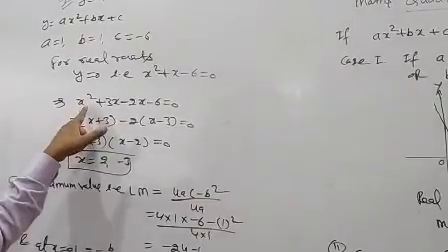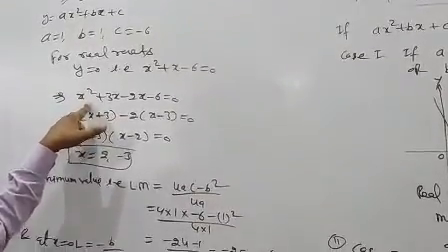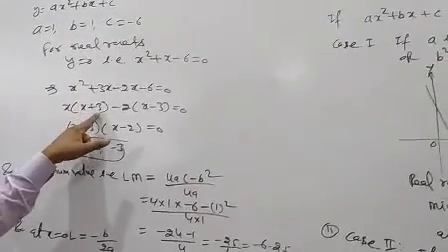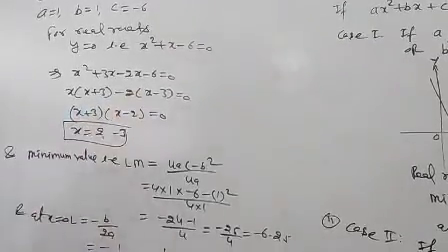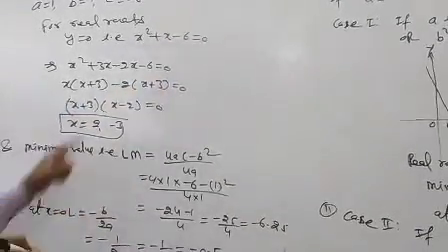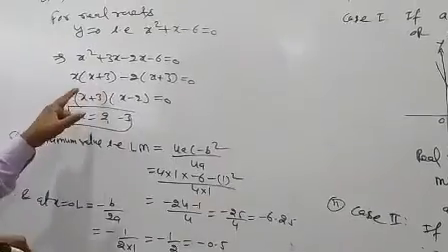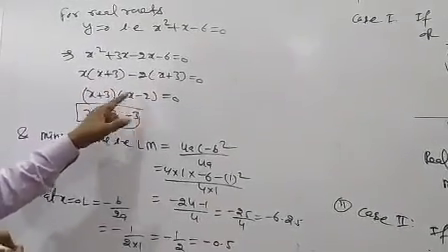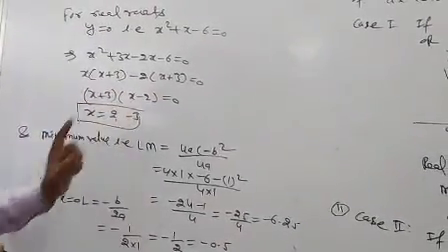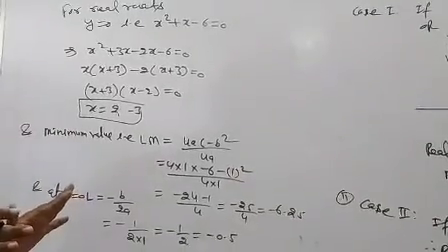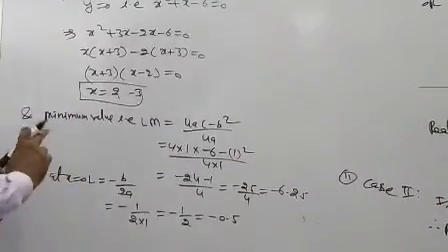And we will factorize. Then x plus 3, x minus 2, so x is equal to minus 3 and x is equal to plus 2. Is it clear? Good.